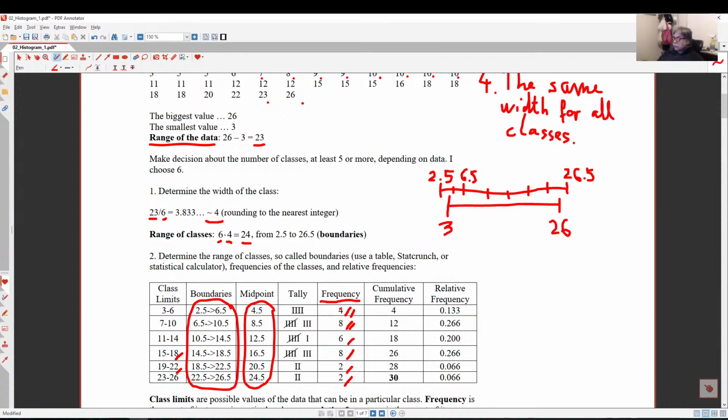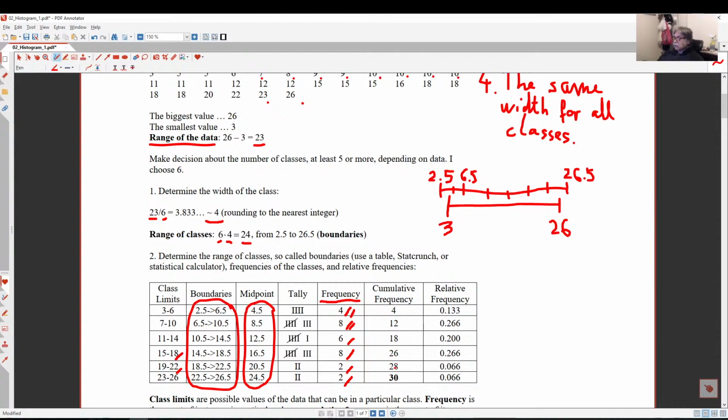Up to the third class we have 4, 8, and 6, which is 18. In the fourth class we have 8, so 18 plus 8, which you can add column-wise, it's 26. That is cumulative frequency up to the fourth class.